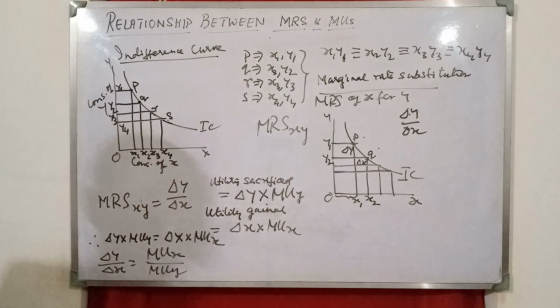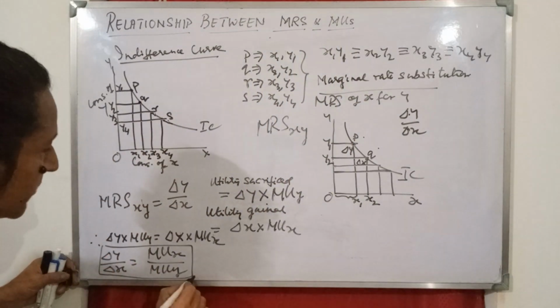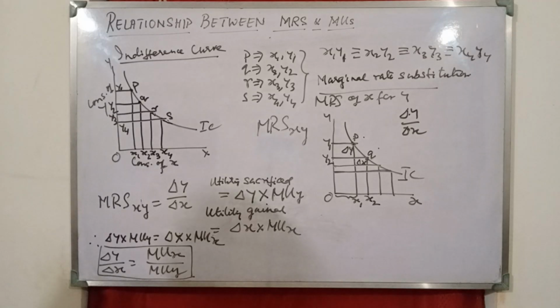Now this is the ultimate relationship between MRS XY and the ratio of utilities of X and Y. Okay.